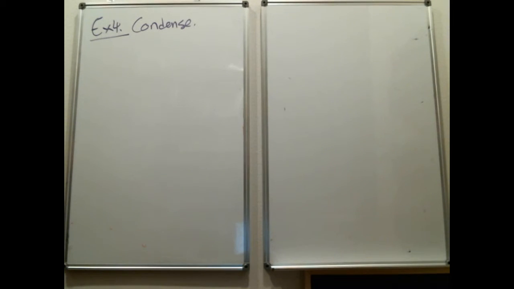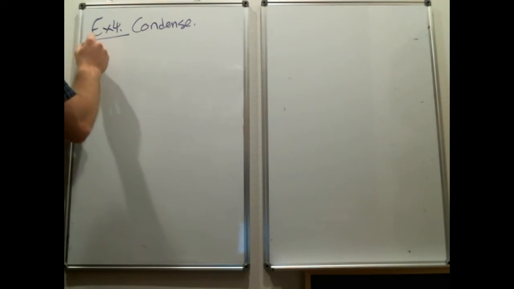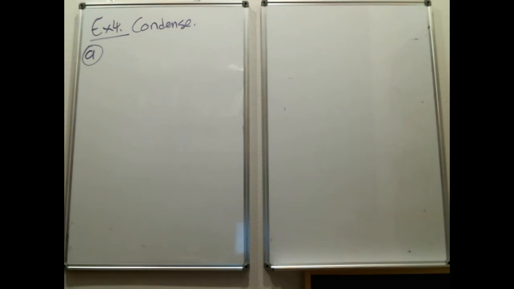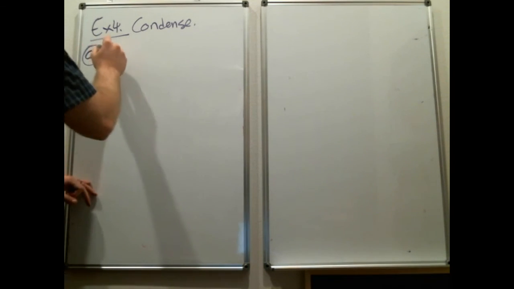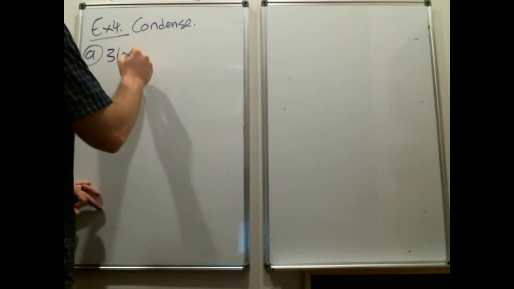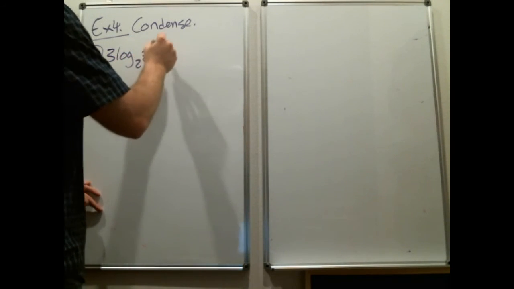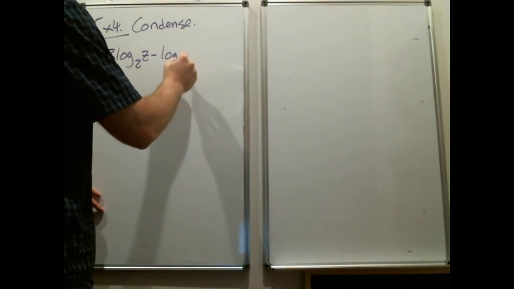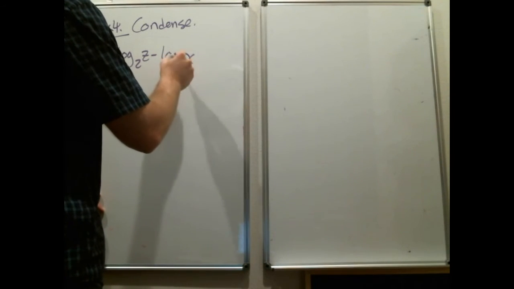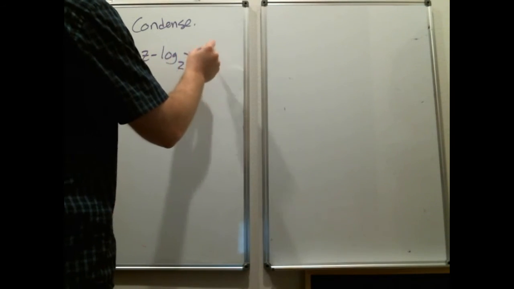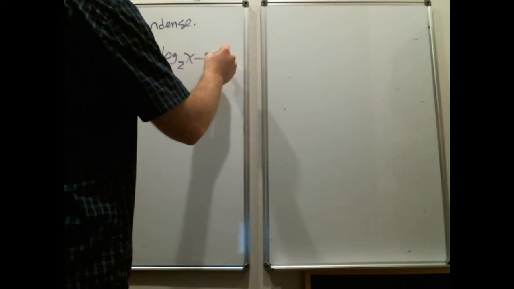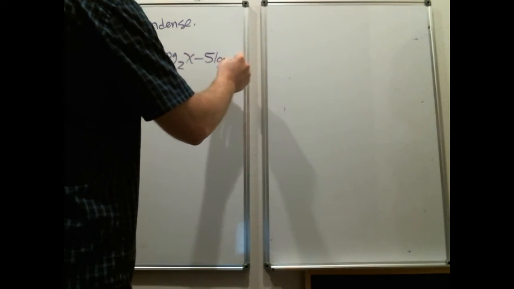So let's call this part A. I may only do part A, but I'm going to call it part A. Let's say 3 log base 2 of z minus log base 2 of x, and then minus 5 log base 2 of y.